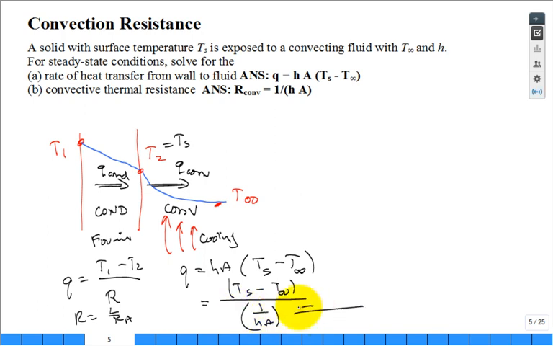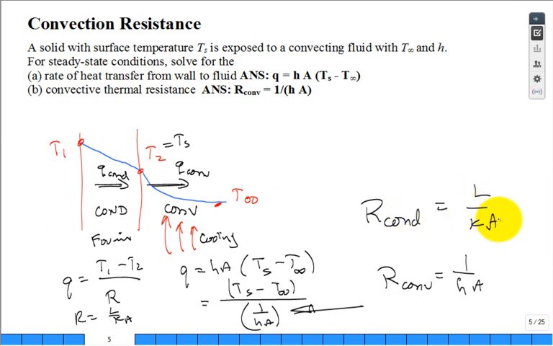So you do a little name calling. The resistance for convection is 1 over hA, just like the resistance for conduction through a slab is L over KA. 1 over hA, L over KA. You see that. So this is our convective resistance.